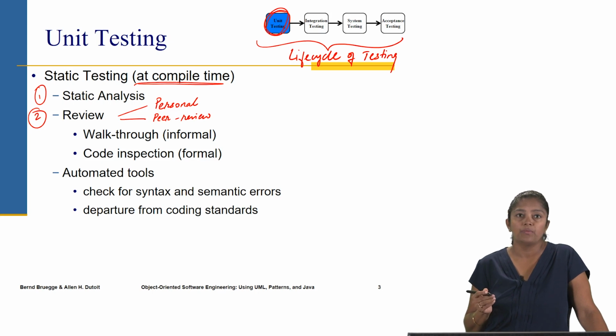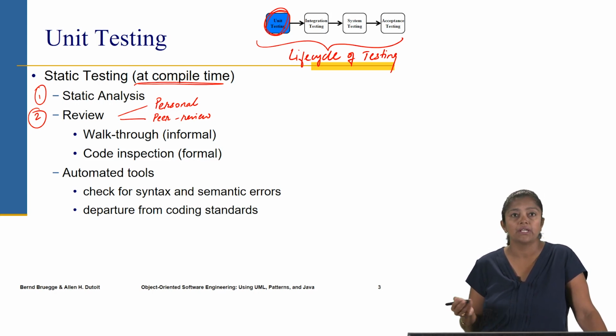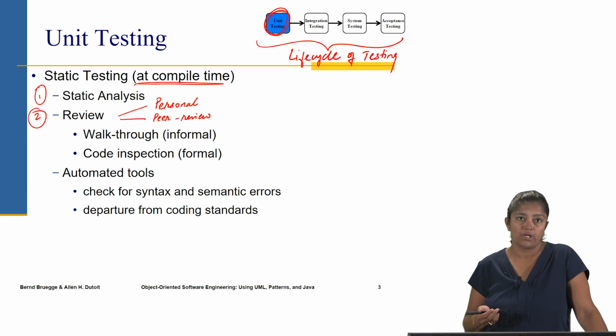It could be done informally by walking through the code and the logic, or it could be done in a more formal way through code inspection, and a number of tools support it as well.